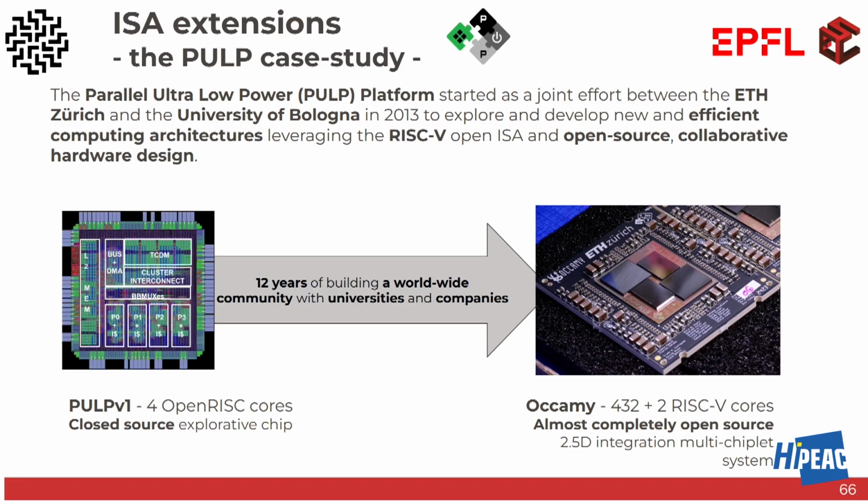And among their goals for achieving higher energy efficiency, we extended, as I was part of it, the RISC-V ISA with a lot of instructions, and we will see some of those examples now. So the goal of the PULP project was a highly energy-efficient edge device platform with a multi-core architecture. So you already have the performance advantages of parallelism.